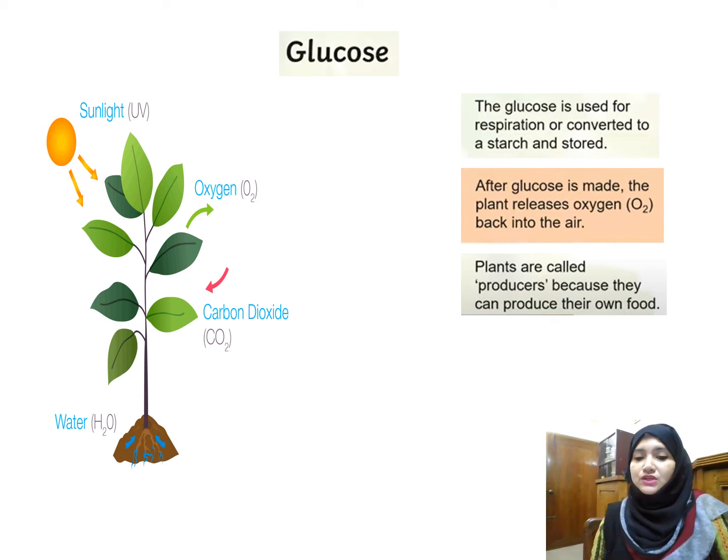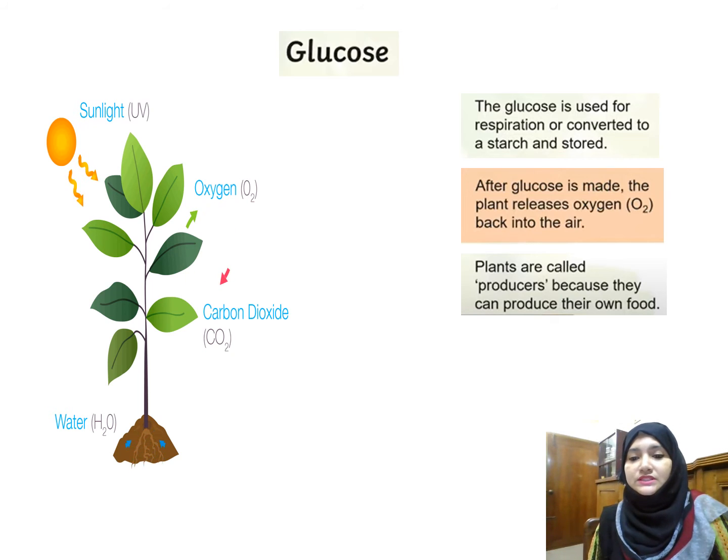And plants are called producers because they can produce their own food, but animals are not able to go through this process. Okay, and that's why they are not able to produce their own food.